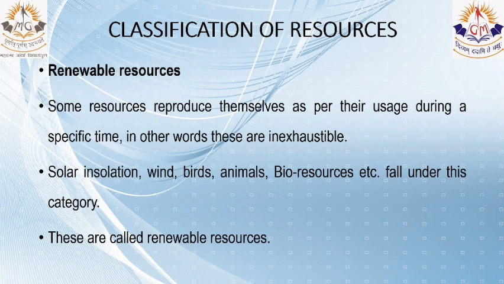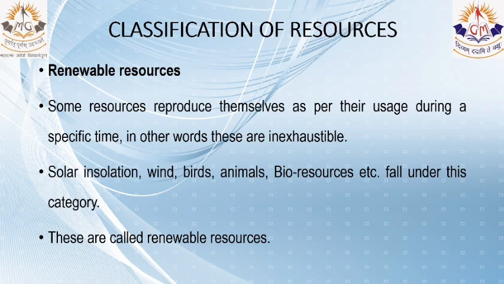Same way, bioresources. All the bioresources, plants, the food that we get from plants, the same seeds are used to again grow a plant which will give us more seeds. In that way, all the bioresources, the fish in the river, they keep on reproducing, and we have enough of it. And in the seas and oceans, fish reproduce continuously, and we have enough fish.